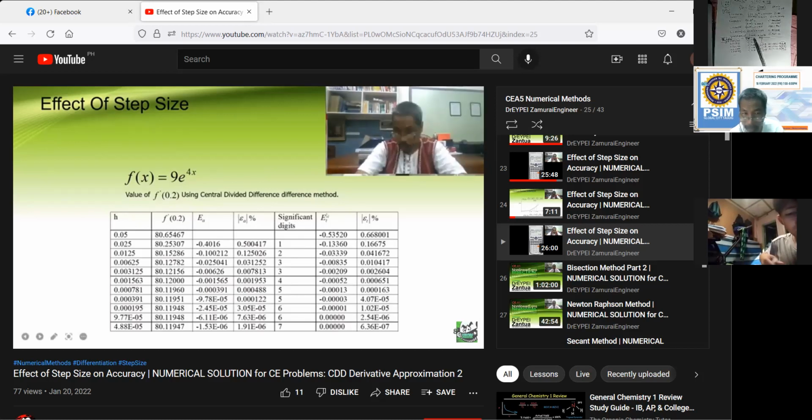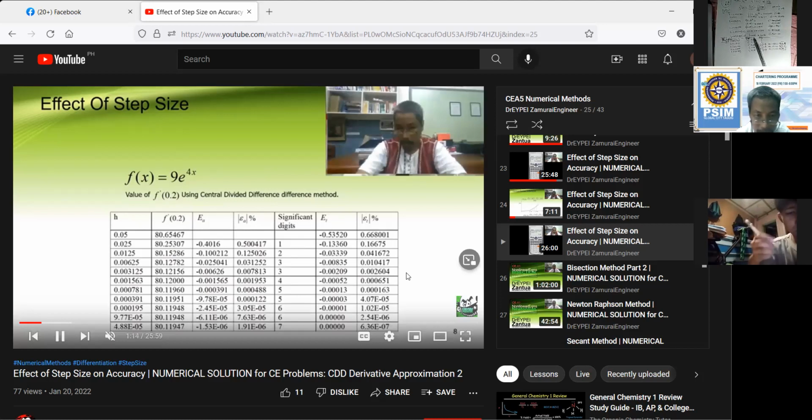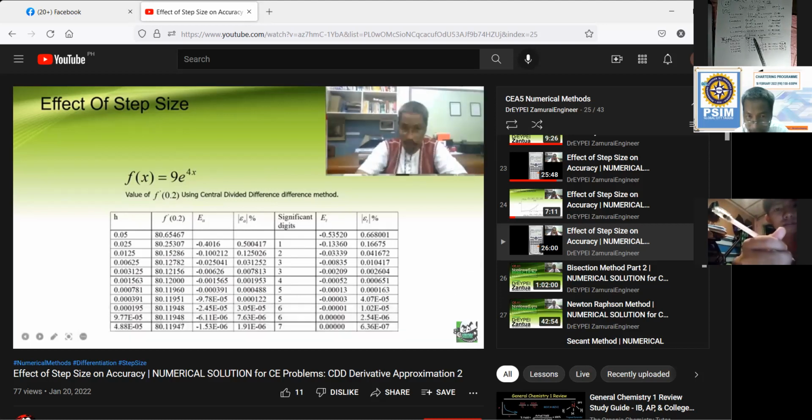There are examples where that might not be the case. In this particular type of problem, CDD is the best. So, expect that calculators and Excel are using those types of approximation.